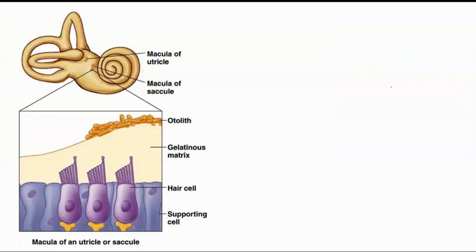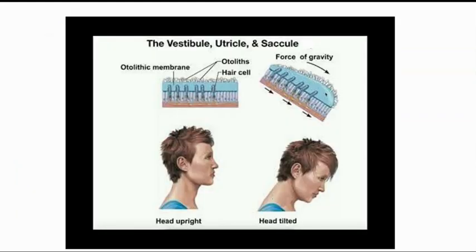Here you can clearly see the maculae of utricle and saccule, and even if you nod your head or move your head, the endolymph present inside and the hair cells present here help in sensing the movements.